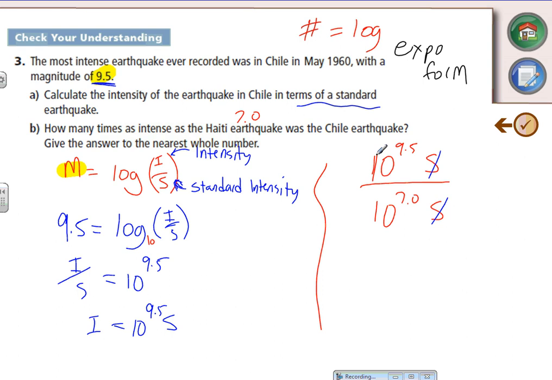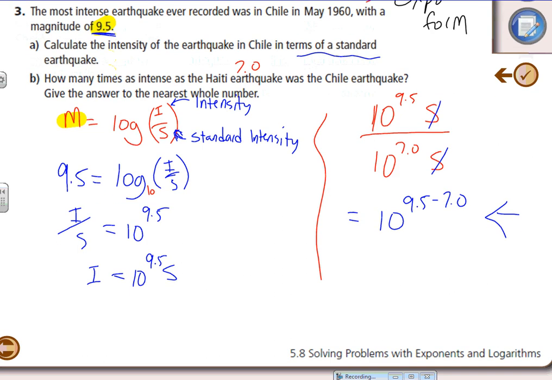Like bases, dividing, we subtract the exponents. You can remember this part: when comparing two of them, we can just subtract the two exponents and find the difference as an exponent. We've got 10 to the 2.5. Punching that into your calculator, that's 316.2277. Chile was over 316 times as intense as that Haiti earthquake that did so much damage.